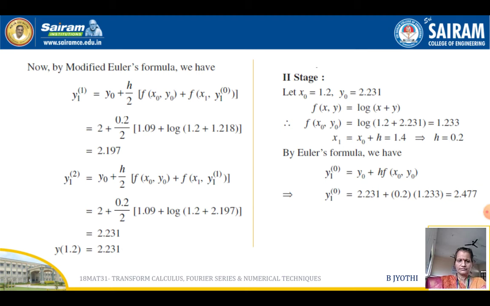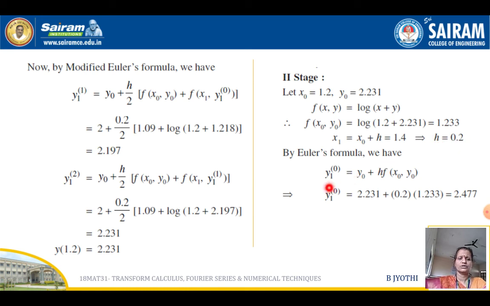Now the second stage. Coming to the second stage, consider x naught as 1.2 and y naught as 2.231, and f of x y is log of x plus y, that is log of 1.2 plus 2.231, which gives us 1.233, and x1 is x naught plus h, which gives us 1.4. h is 0.2.